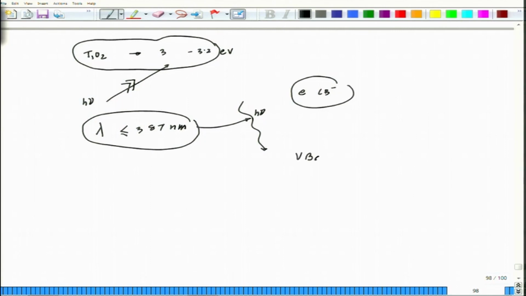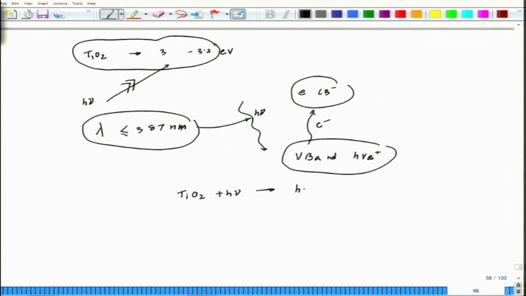Okay. In the valence band, HVB, because the valence band is losing an electron, this becomes positive. So, now we have TiO2 plus h nu generating HVB, this is the valence band, plus an electron ECB.